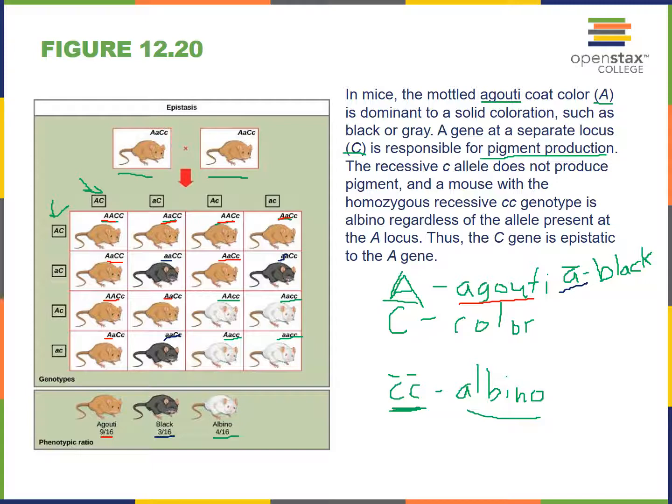Okay, so that is epistasis. Like I said, I'll go over a couple more examples in lab. Once again, to define it, it means that a gene at one locus affects the expression of a gene at another locus.